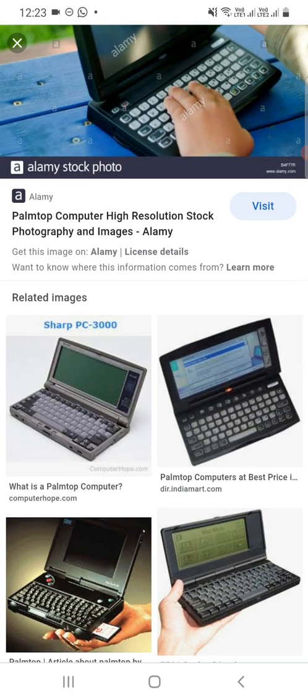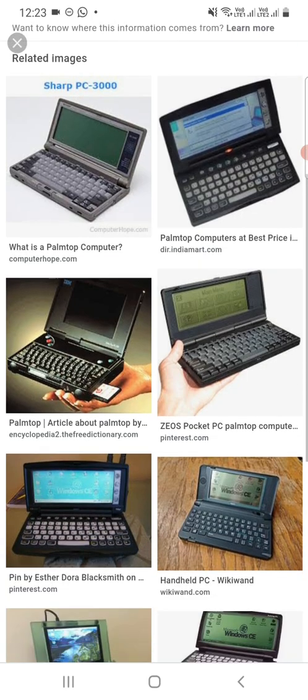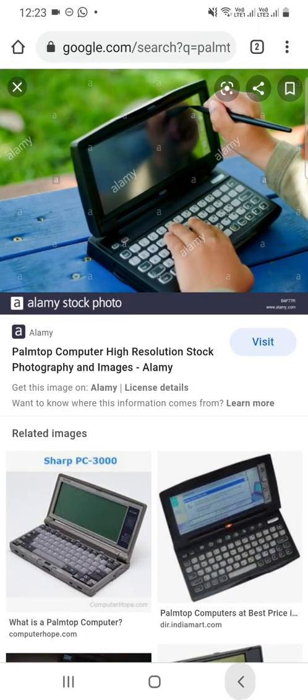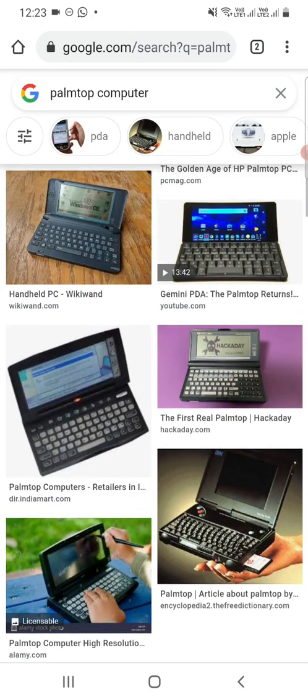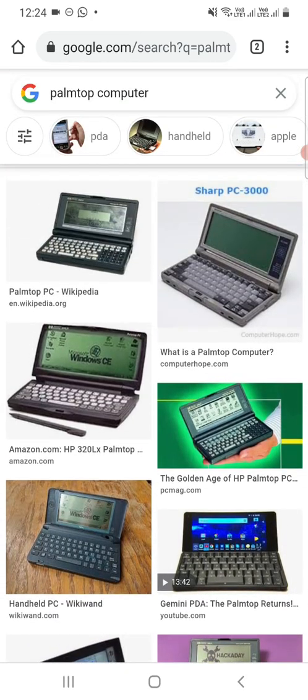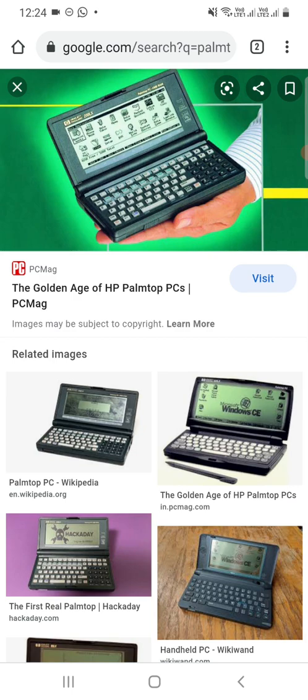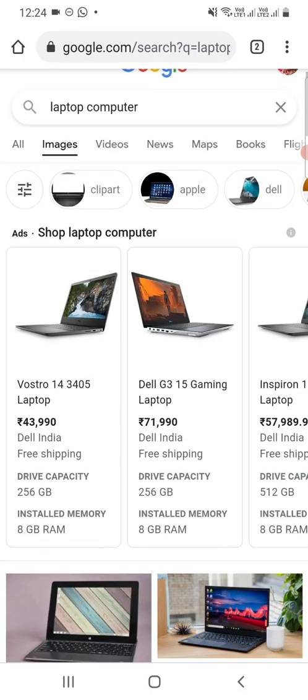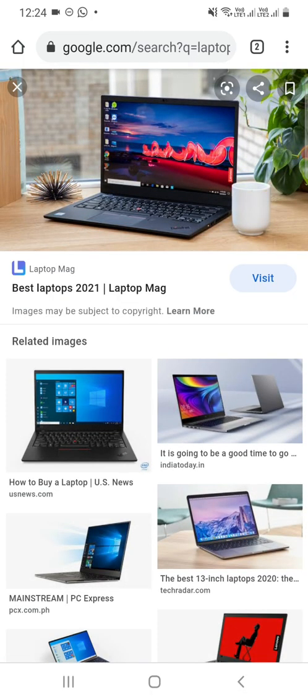Looking at the image, you can see this is the image of palm top. This is the image of laptop.